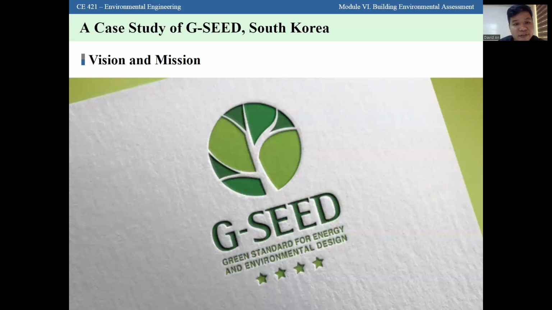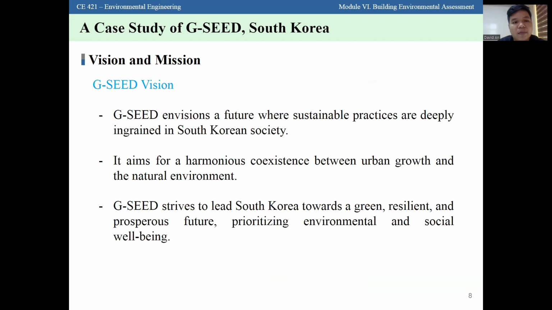Yes, and now let's move to its vision and mission. So, moving to the vision, GSEED aims to envision a future where sustainable practices are deeply engaged in South Korean society, and it also aims for harmonious coexistence between urban growth and the natural environment, which means that it's really important to develop the city, but we also take into consideration the environment and the well-being of humans.